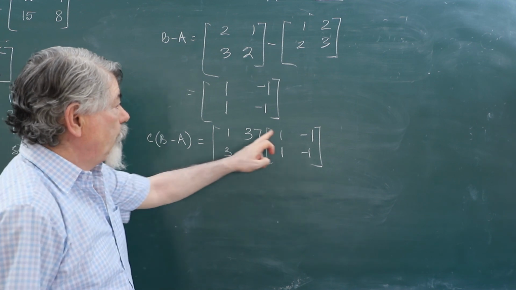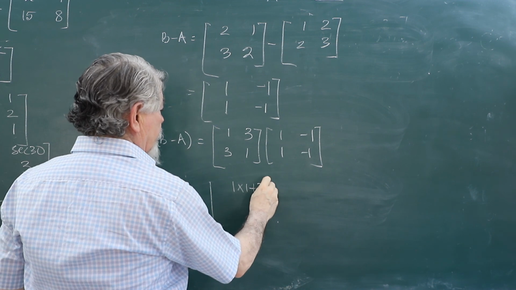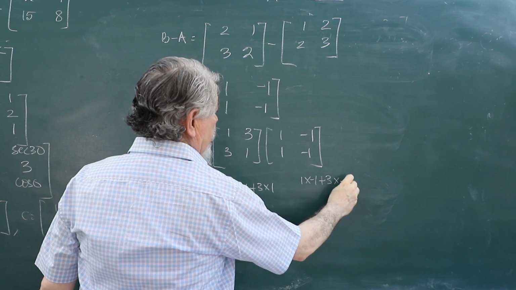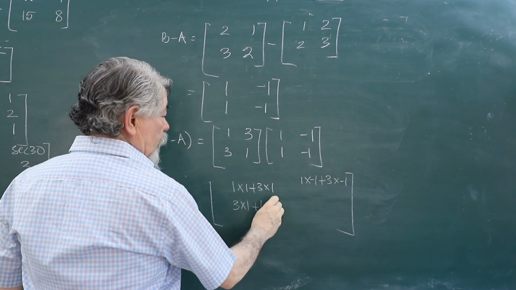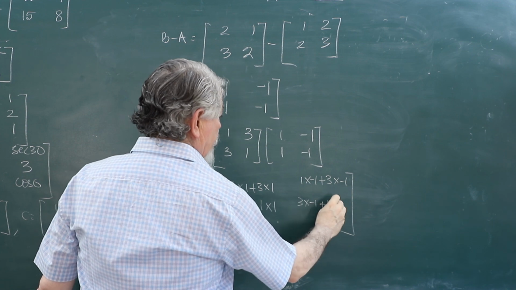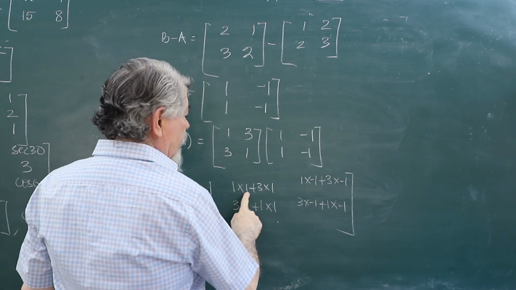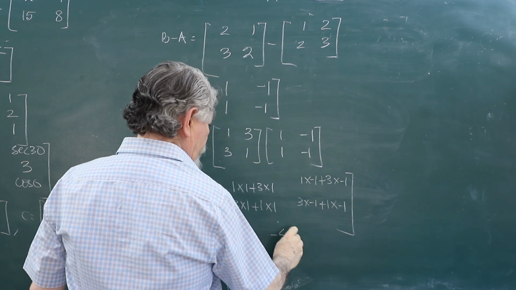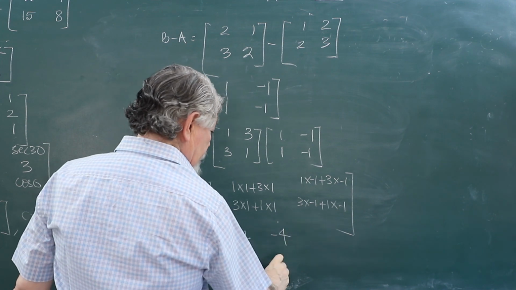Let's multiply: 1 into 1 plus 3 into 1, 1 into minus 1 plus 3 into minus 1, 3 into 1 plus 1 into 1, 3 into minus 1 plus 1 into minus 1. 1 into 1 is 1, 1 plus 3 is 4. Minus 1 minus 3 is minus 4. 3 plus 1 is 4. And minus 3 minus 1 is minus 4.